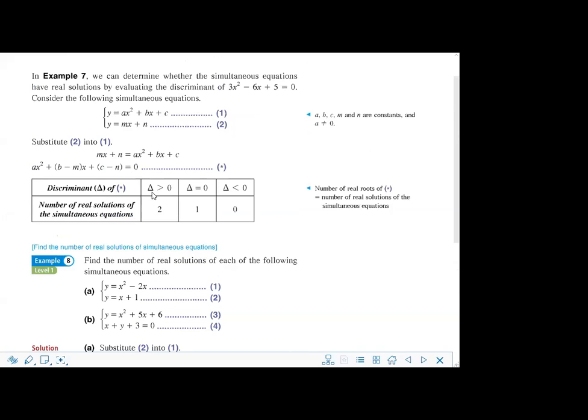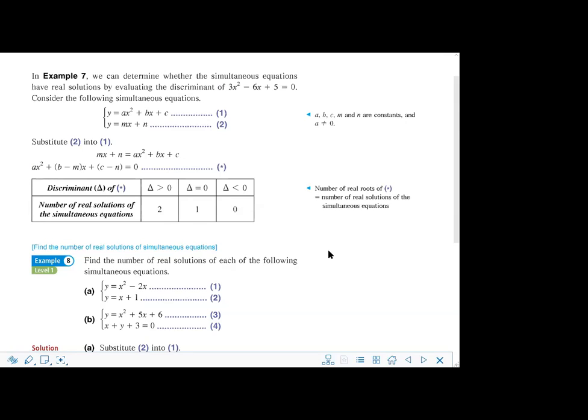If the delta is a positive number, then there will be two real roots for the x and for the y, okay? Two different real roots, two distinct real roots, okay? And then if delta is exactly equal to 0, then there is only one real root, okay? If delta is less than 0, then there will be no real roots at all, okay?